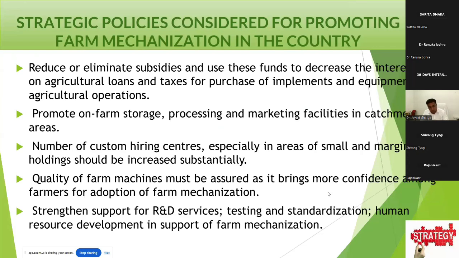Continued government support and private sector involvement can accelerate mechanization adoption, because different government agencies need to come together with private organizations. We can then give the best solution to the farmers.